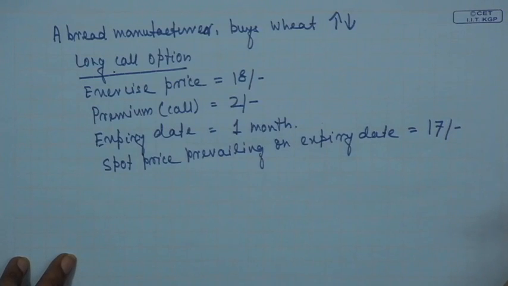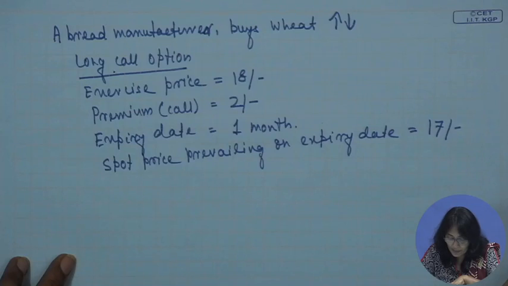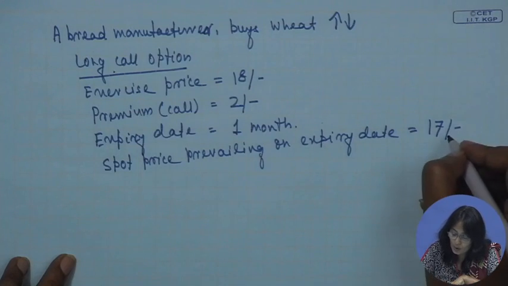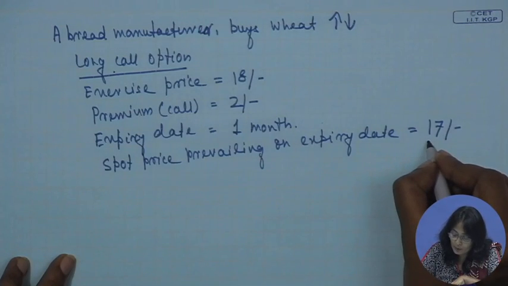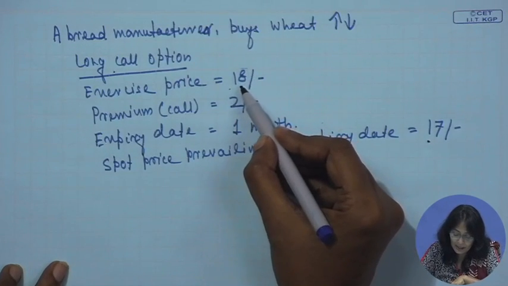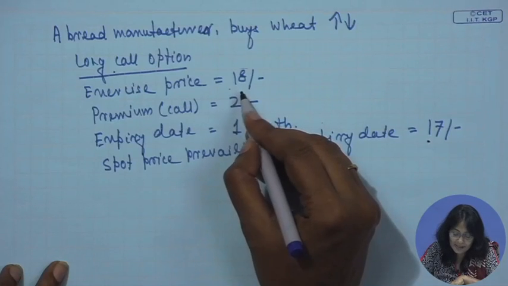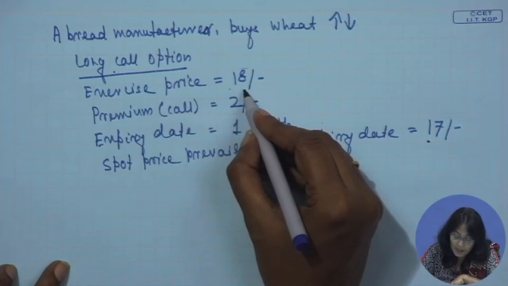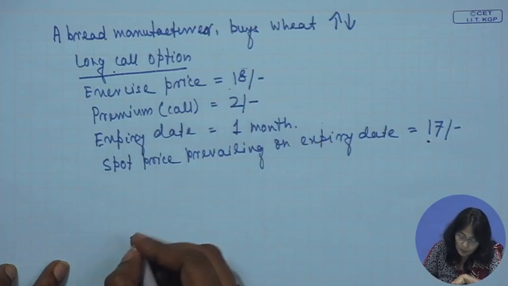Will he exercise his long call? No, he will not exercise, because if he goes to the open market, he will be able to buy wheat at 17 rupees, but if he goes to his counterparty, he will be able to buy wheat at 18 rupees. So, he will not exercise and he will forego his right to buy from the counterparty.